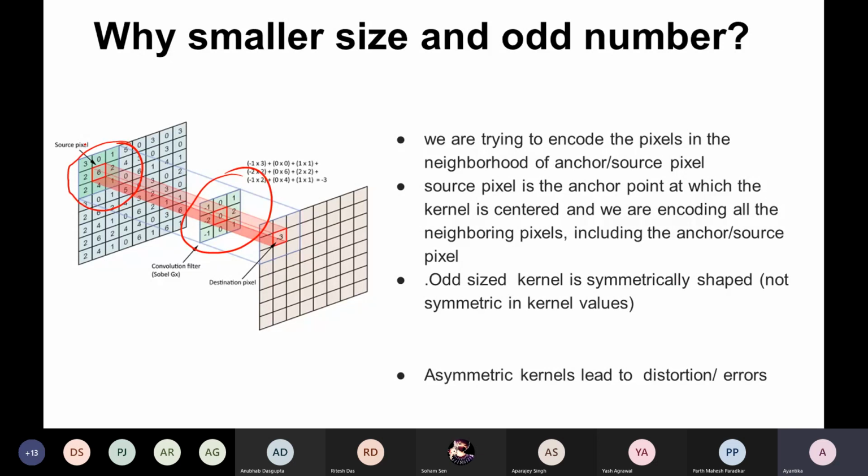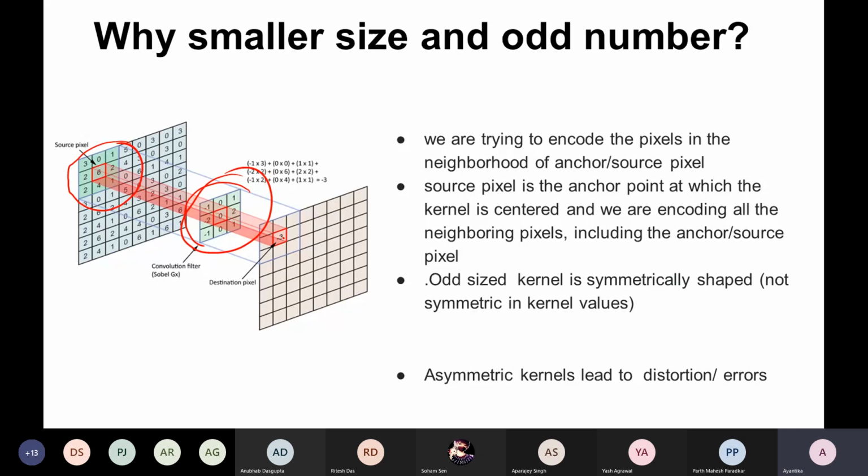The source pixel is the anchor point at which the kernel is centered. And when you are centering something, odd width and odd height kernels can be properly centrally placed. They can be considered symmetrically shaped.